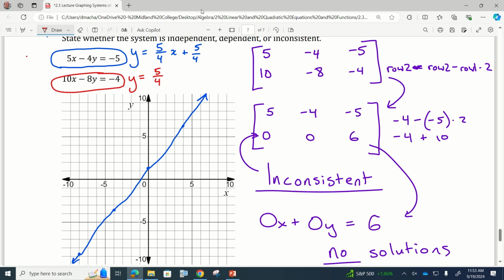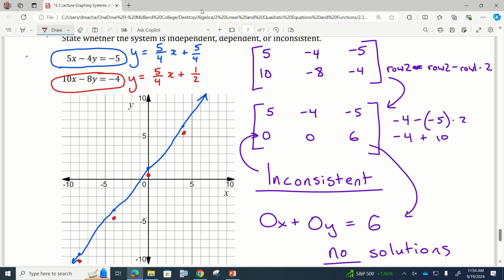And I'm going to get 5 over 4x plus 1/2. So my y-intercept of the red line is 1/2. It's right there. And the slope is going to be 5 over 4. So I get to go across 4 units and up 5 units.